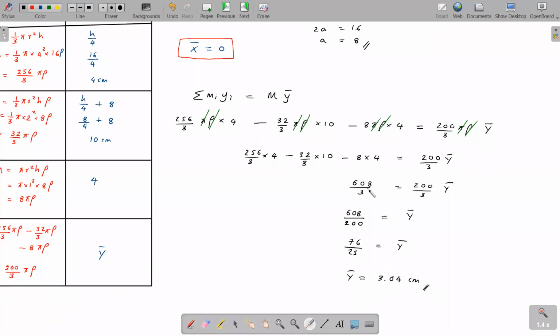All right, guys, so I get here on this side 608 over 3 equal to 200 over 3 y bar, and then you simplify, 3 cancels out, 608 over 200, and then you simplify, and you get 76 over 25, or in other words, the exact answer 3.04 centimeters, because all the measurements are done here in centimeters. So this is the distance to the center of mass from the base of the larger face of the frustum.